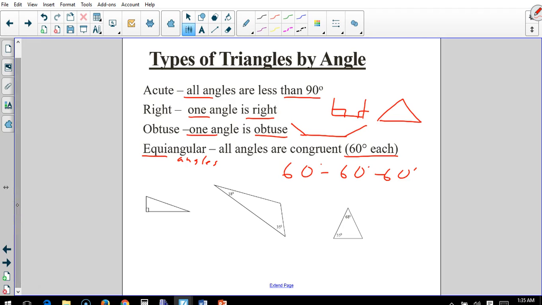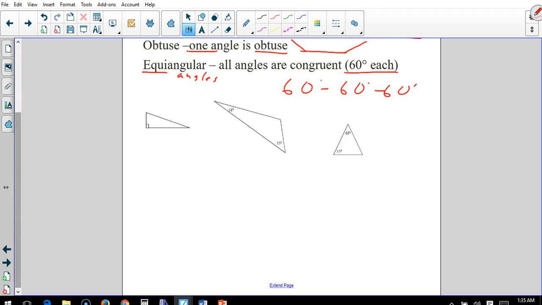So if you notice these pictures, obviously this is going to be a right triangle because we have the symbol right here. 35 and 18. Well, we've got to figure out what this angle is. 35 and 18 is 53. 180 minus 53 is 127.